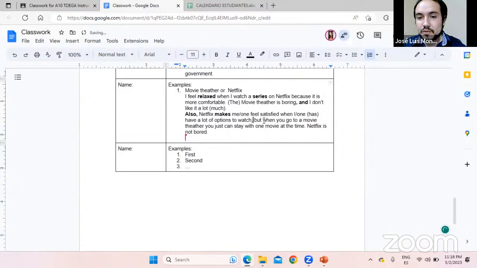Because you start with a new complete idea. Comma, but when you go to a movie theater, comma, right? This is the second part of your clause, of your time clause. When you go to the movie theater, comma, you just can't stay with one movie at a time.